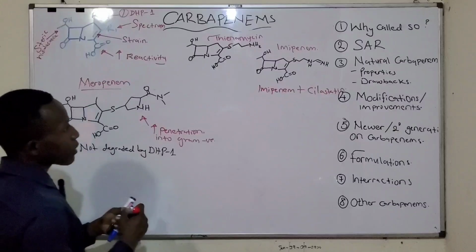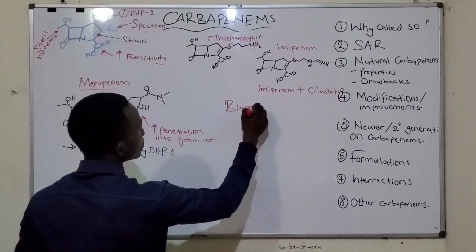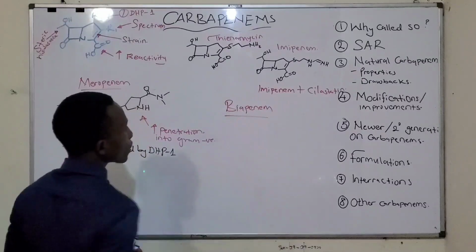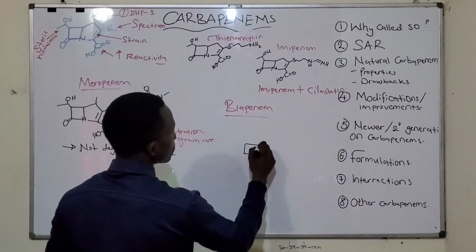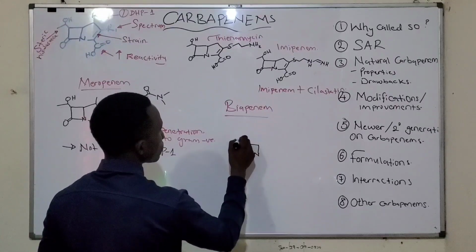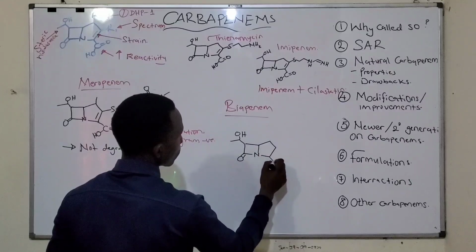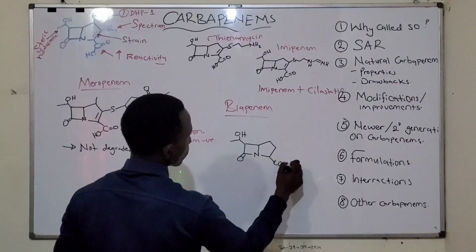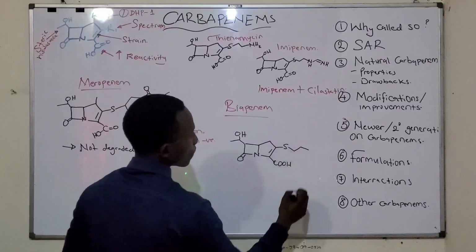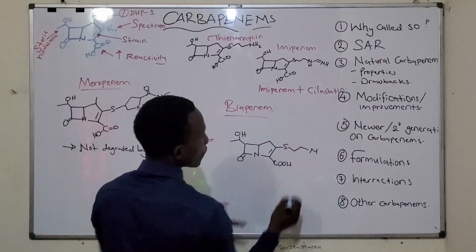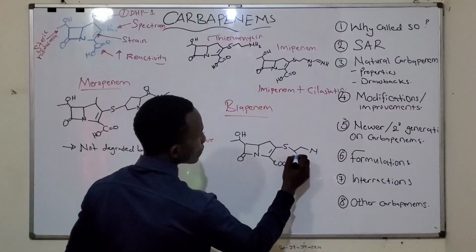We have other carbapenems, for example, biapenem. When we look at biapenem, this is the structure. Here, instead of the formimidoyl group or this group, we have this.